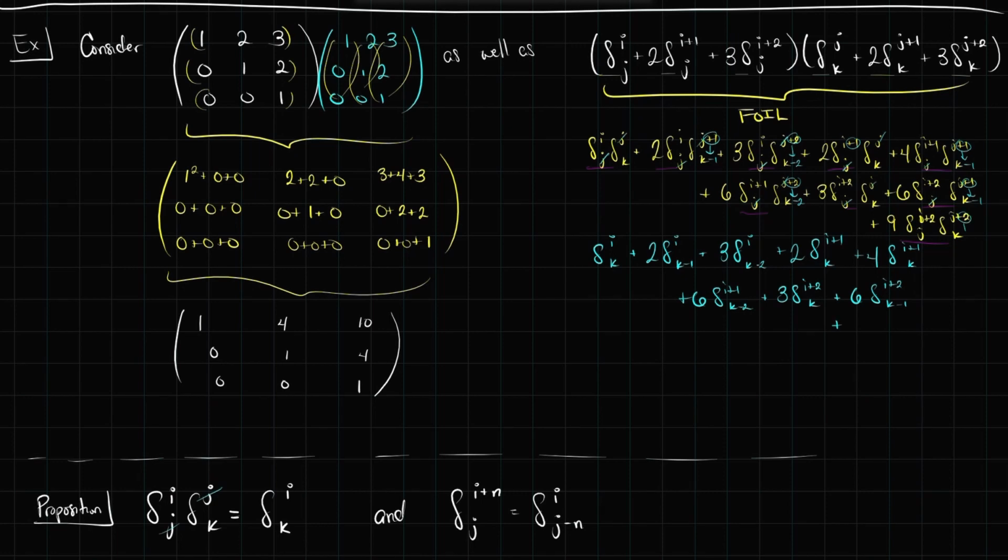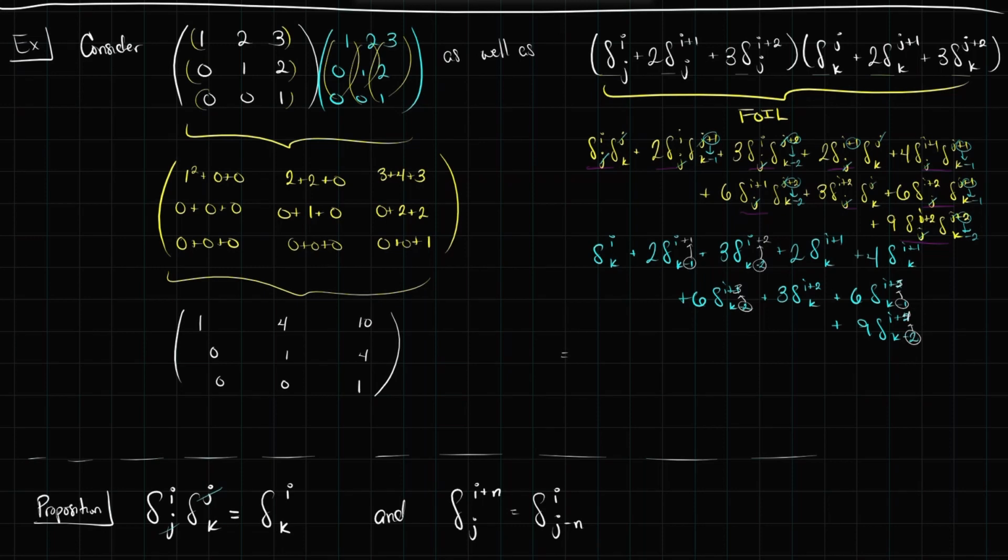And then I can shift down to do minus 2 and cancel to get 9 delta i plus 2 k minus 2. And if I wanted to do the reverse with all of these shifts in the k's, I certainly can.